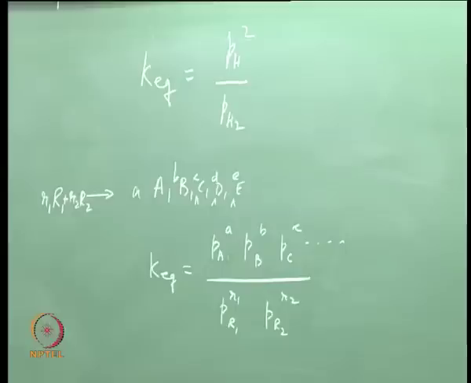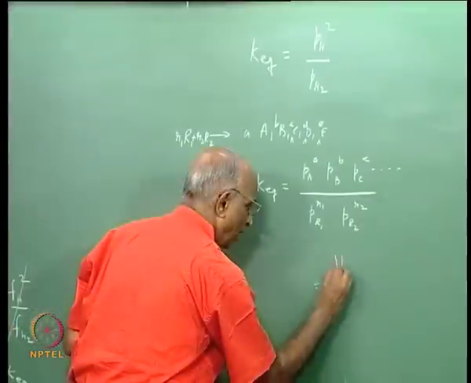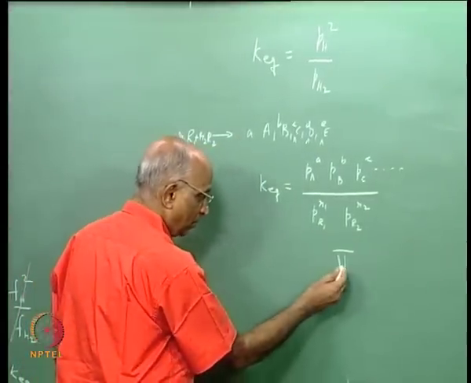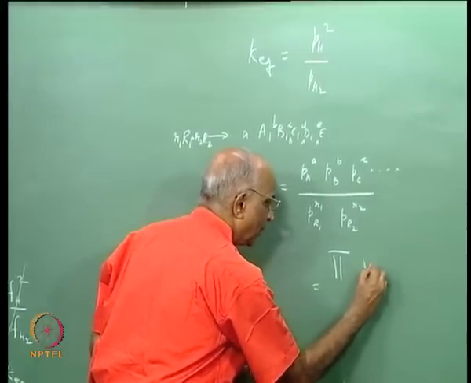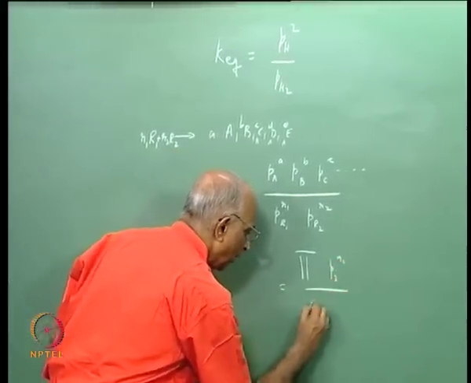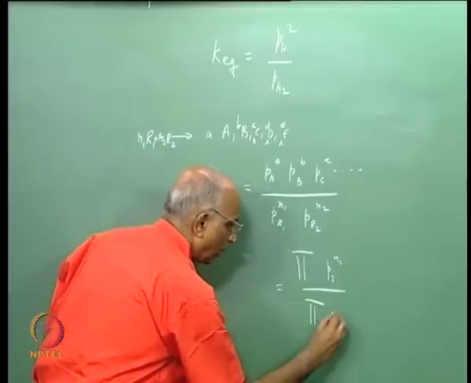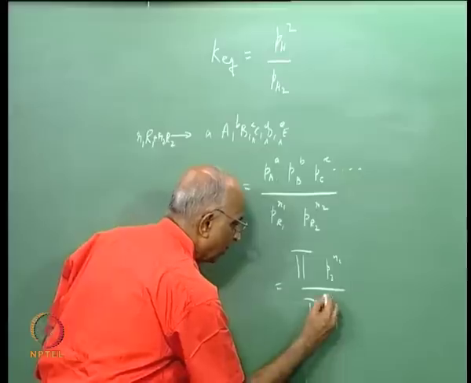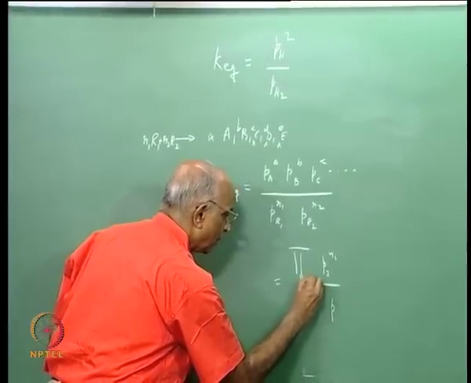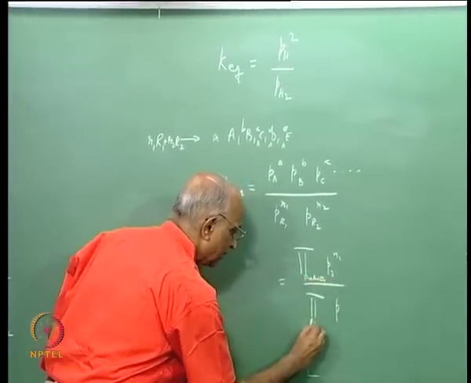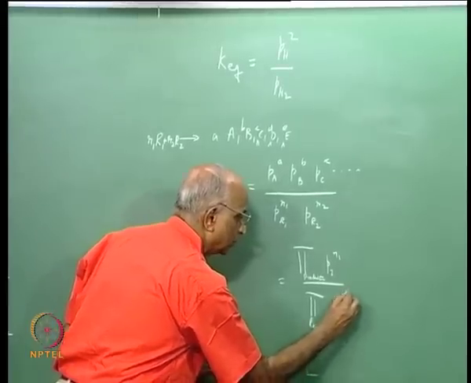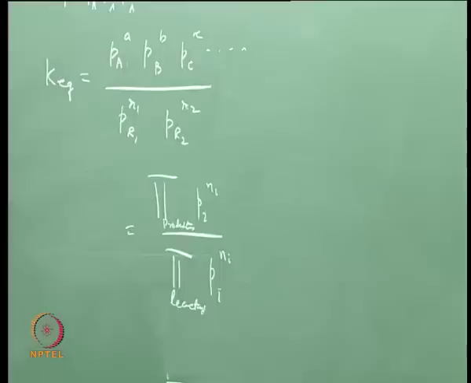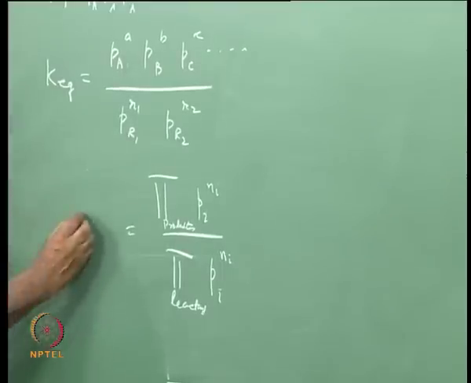In other words, for simplicity I can write it as the product of Pi to the power ni for the products, divided by the product of Pi to the power ni for the reactants. A shorter way of writing the equilibrium constant of a particular reaction.